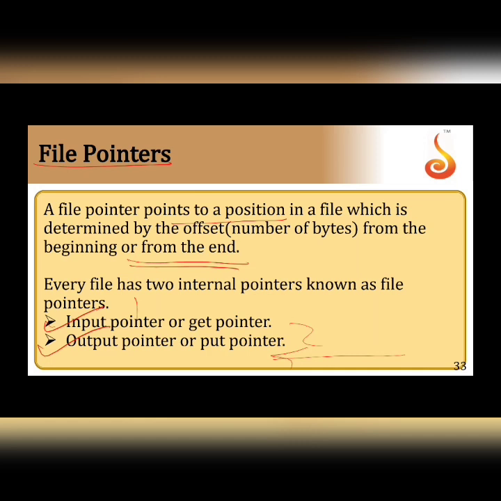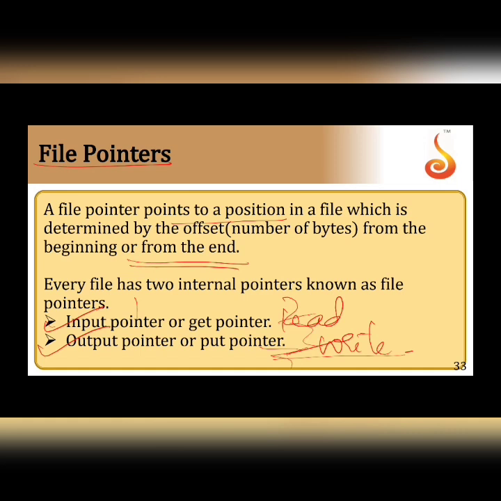Get is for reading, put is for writing, because input is nothing but read and put is nothing but write. Okay, so I can read in a random fashion, and I can write also in a random fashion.